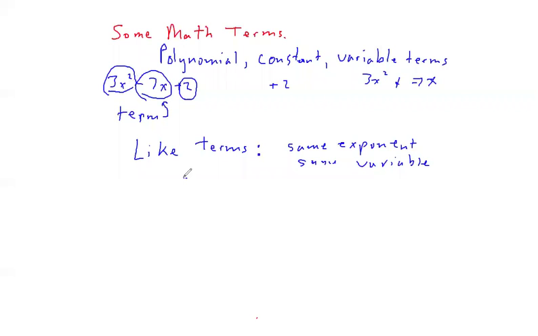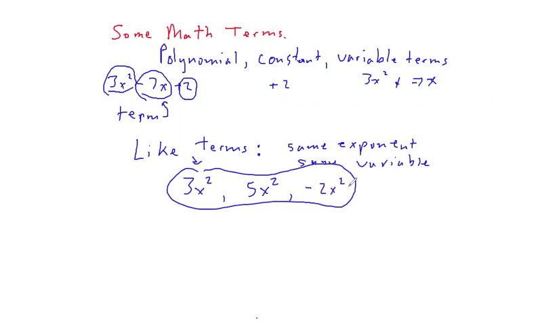But if I had 3x squared and 5x squared and negative 2x squared, those are all like terms, because they have the same variable, x, and the same exponent, squared.